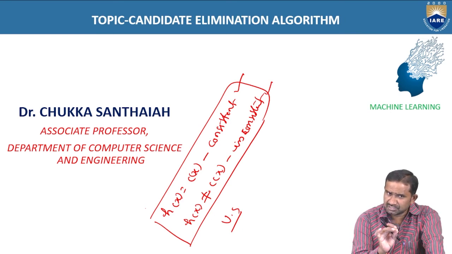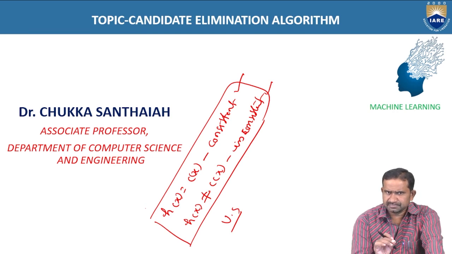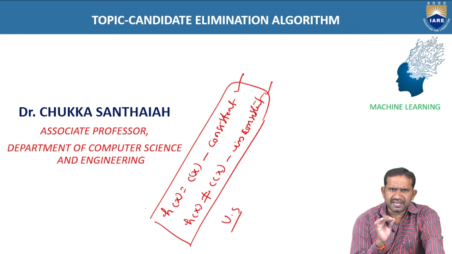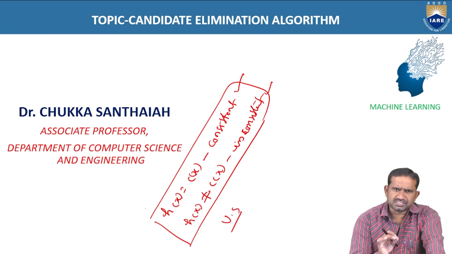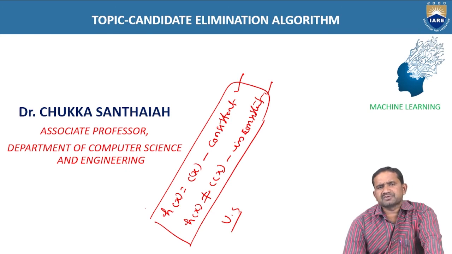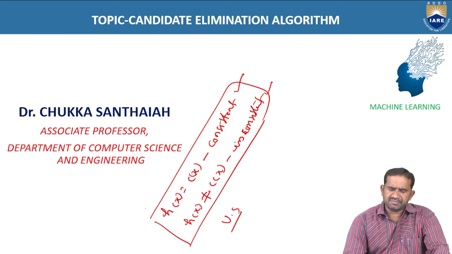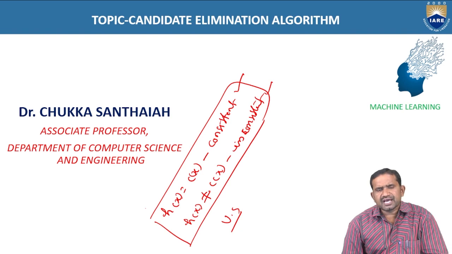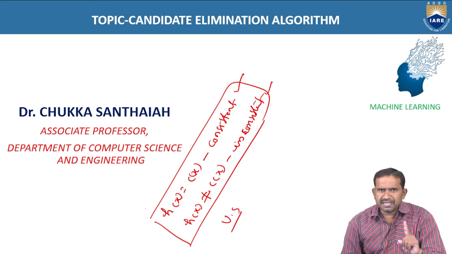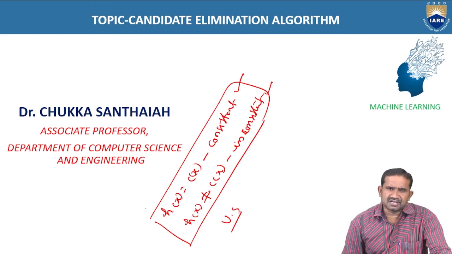If any given hypothesis is consistent with the given training example, we keep it in the version space. If it is inconsistent with the training example, we simply remove it. Means removing as well as inserting a hypothesis mainly depends on the consistency of the hypothesis. That is one main parameter of the candidate elimination algorithm.